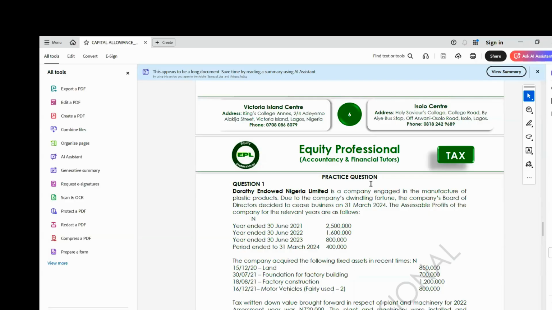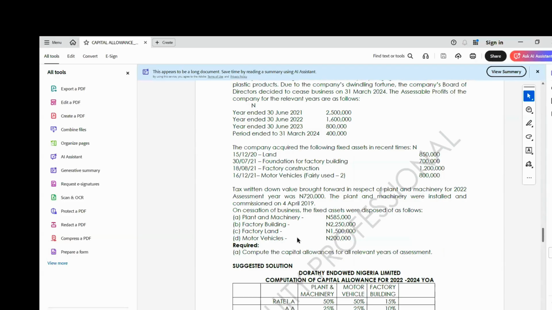The plant and machinery were installed and commissioned on 4 April 2019. On cessation of business, the fixed assets were disposed of as follows. As at the date of cessation, they also disposed of some of the fixed assets. Required: compute the capital allowance for all relevant years of assessment.